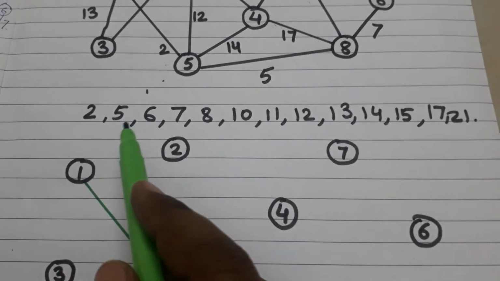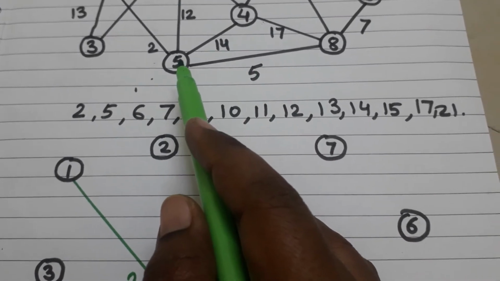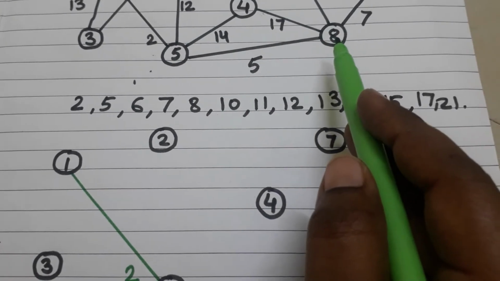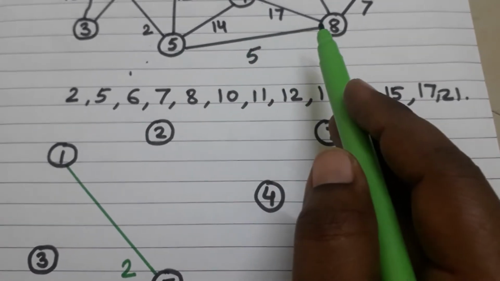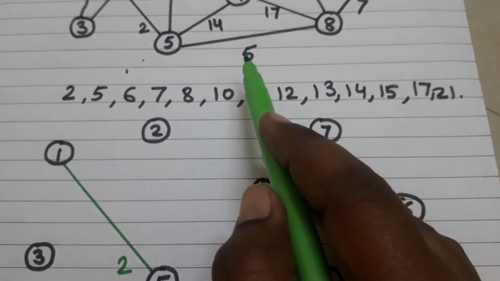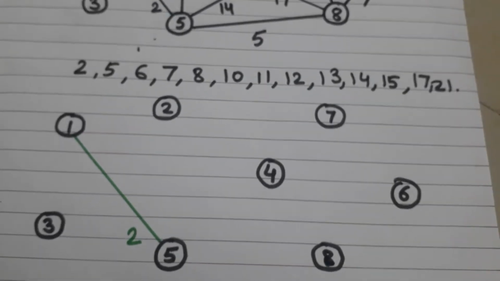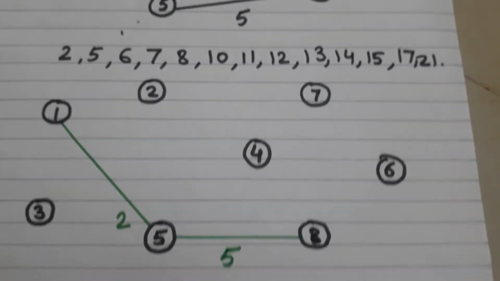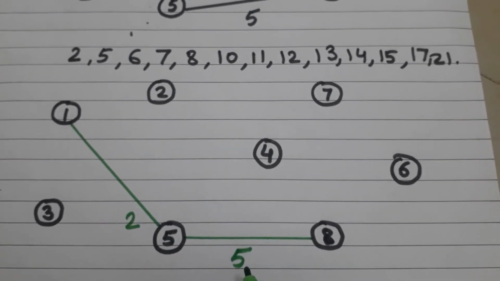After that we have to draw edge 5. Now you can see here the edge 5 is present between vertex 5 and vertex 8 or vertex 8 and 5. So this edge will contain the weight 5. So we have to add 5 in our diagram. Now here we add edge 5 to 8 or 8 to 5 with weight 5.